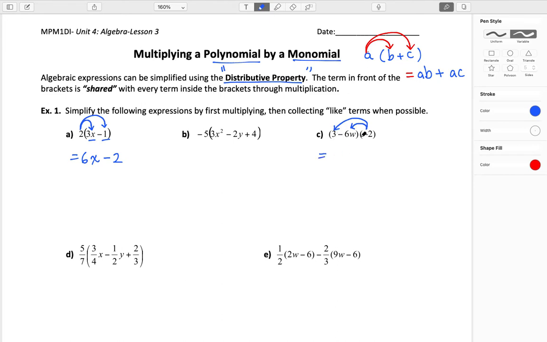So 3 times -2 is -6. -6w times -2, negative becomes positive, 12, and then w. And that's your final answer. I would prefer that you write the letters first and then write the constant number last.